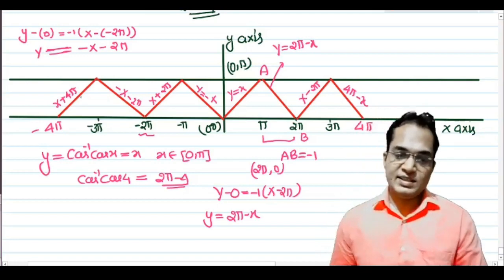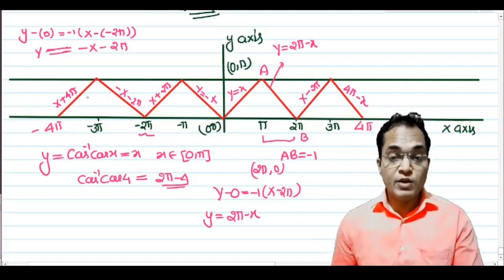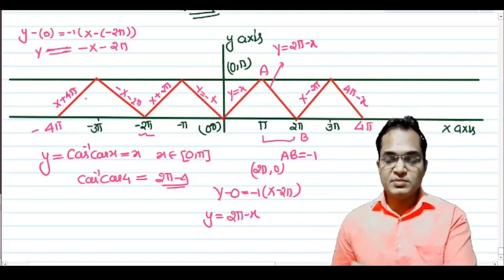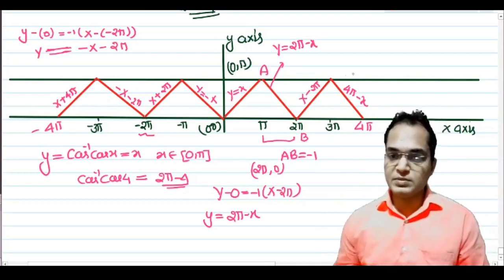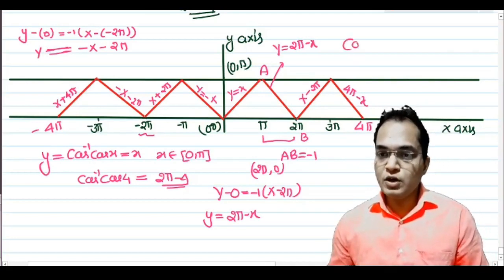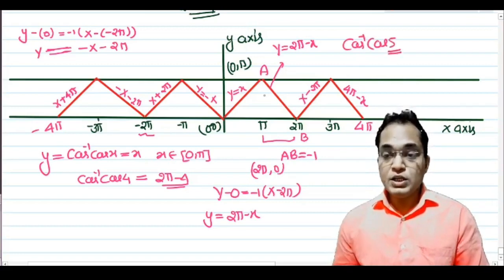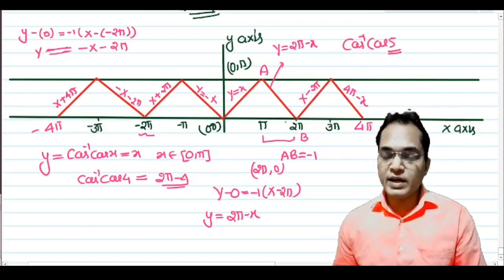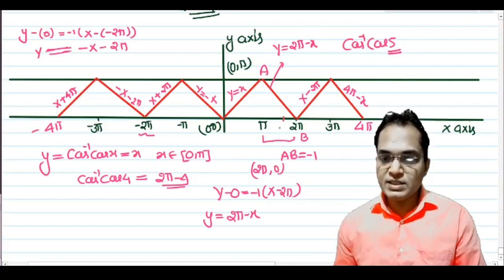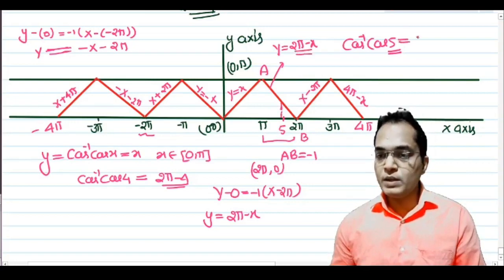These lines help you find the value of cos inverse of something. Suppose somebody asks what is the value of cos inverse cos 5. You only have to check where the 5 is. 5 is near 6, so here is the 5. Go upside and check the graph: it is 2 pi minus x. Your answer is 2 pi minus 5.